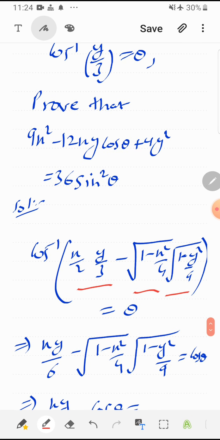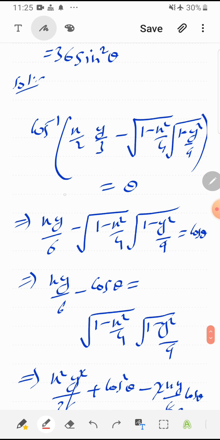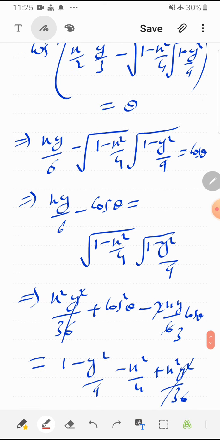So next what we are going to do, I am applying cos on both sides. So this cos inverse is cancelled, and in the right hand side I am left with cos theta. Now shifting cos theta to the left hand side and shifting these square root terms to the right hand side and squaring both sides.